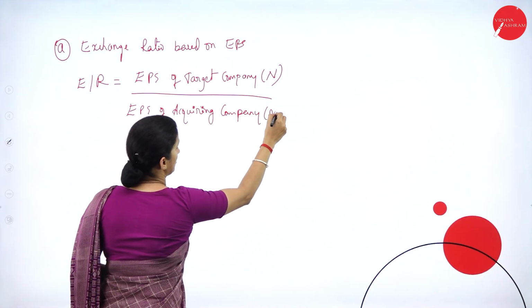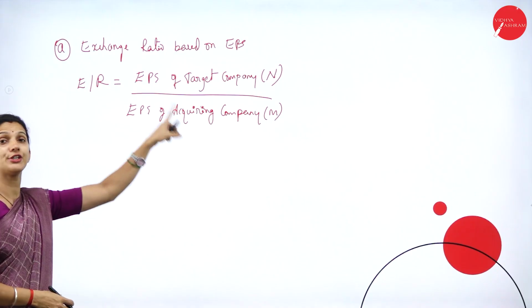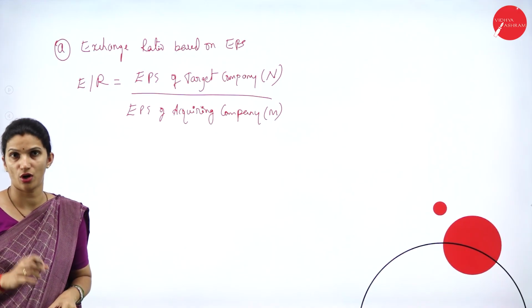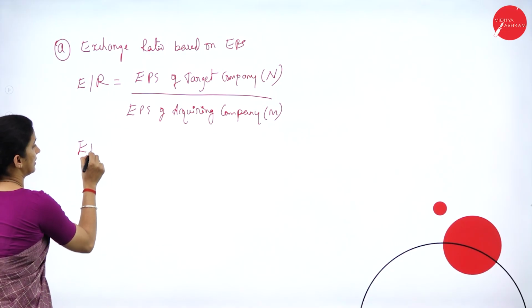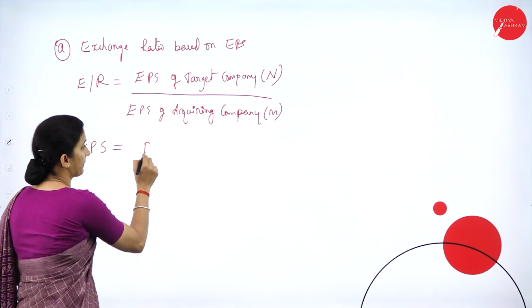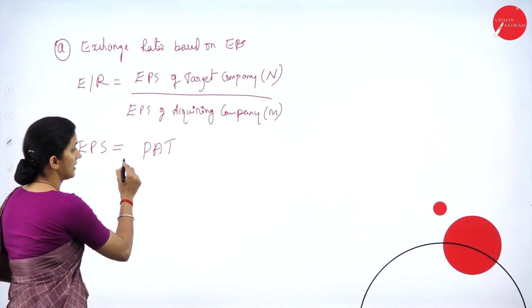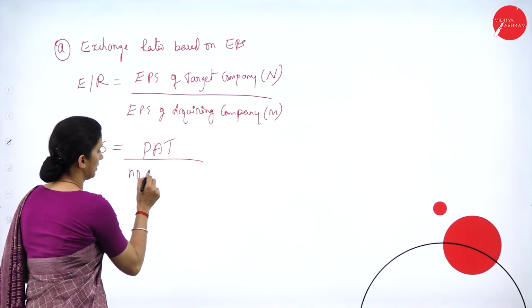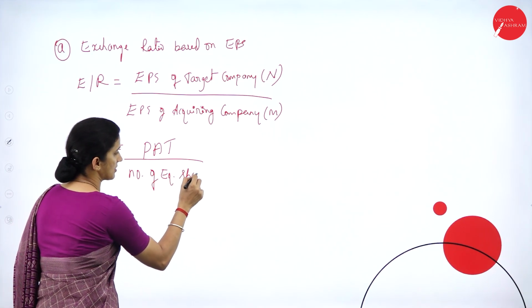The acquiring company is M Limited. So before we calculate the exchange ratio, we need to know the EPS of both the companies. Your EPS, that is earning per share, is equal to PAT, that is profit after tax, divided by number of equity shares.